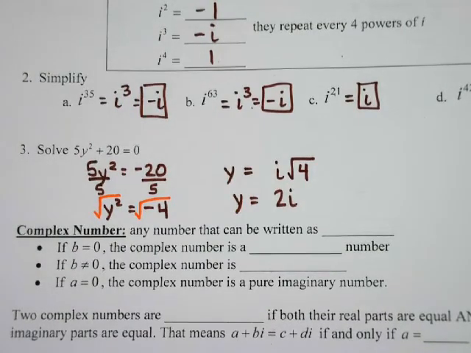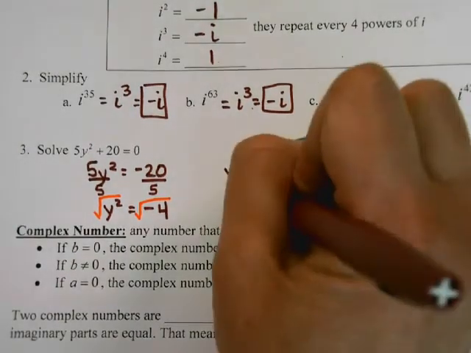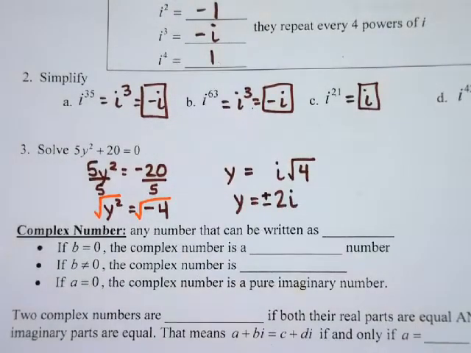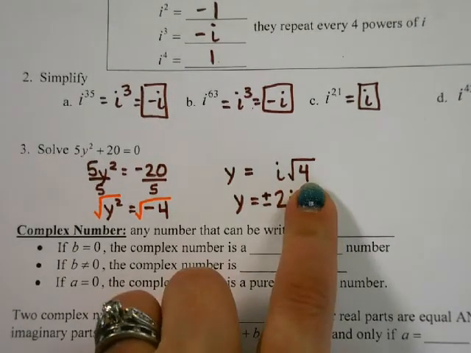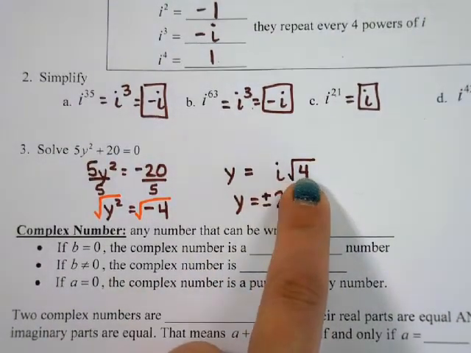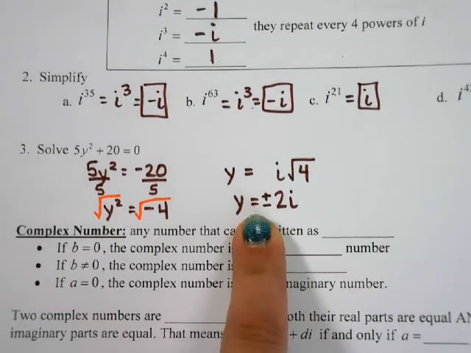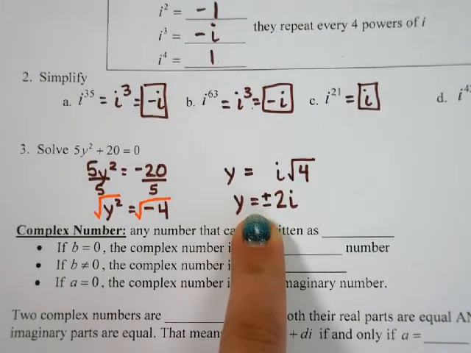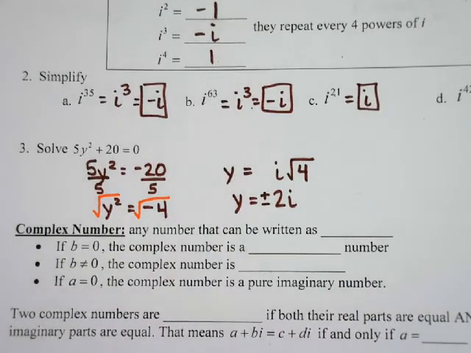When you're the one that's taking the square root, you have to have the plus or the minus, because it doesn't tell us if it's the positive root or the negative root. So 2 times 2 gives me 4, but -2 times -2 also gives me 4. So I take the i out first, and then I take the square root, and you have to have the plus or the minus. Anytime you're the one taking the square root, you have to have the plus or the minus. Okay, questions on that? Those old guys just got tired of no solutions.